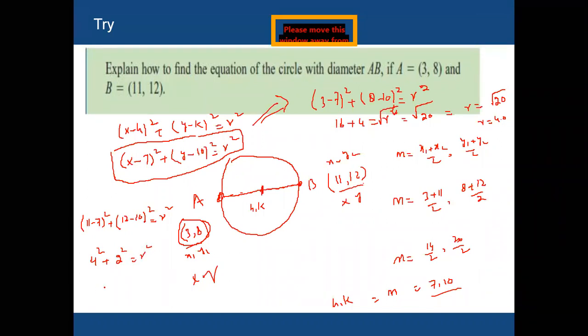Same as before, 16 plus 4 equals 20, so r is 4 point something. Okay, great, excellent.